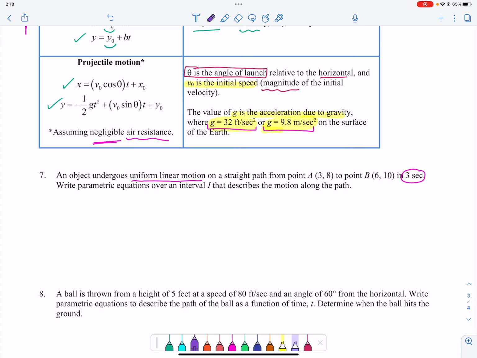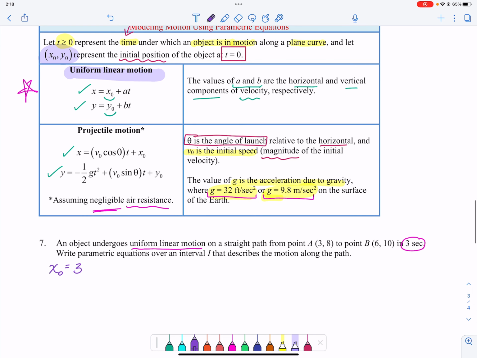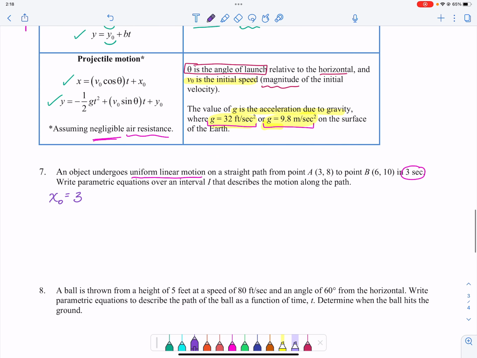Okay, so let's go ahead. Our initial position is 3 for x sub 0, and of course our initial position in terms of y, or our y coordinate, is 8. This is when t is equal to 3.